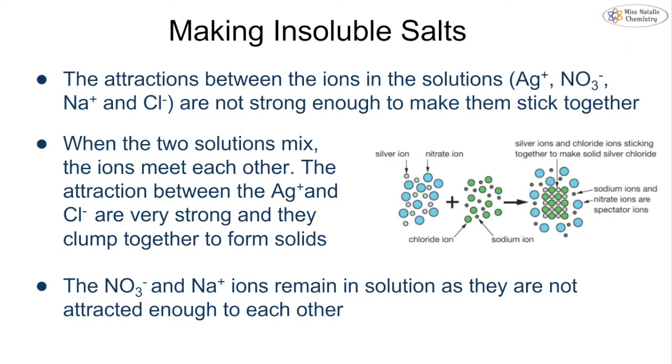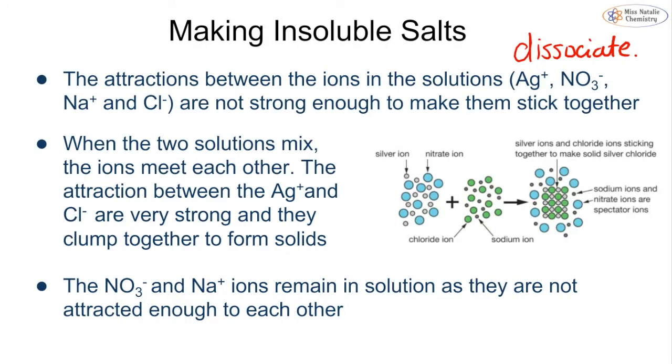So the attraction between the ions in the solutions, so when you have your aqueous solutions, are not strong enough to make the ions stick together. So these ions dissociate from each other. So they move around within our liquid solution. So we've got some sodium ions, some nitrates, some silver and some chloride just moving around within our solution.